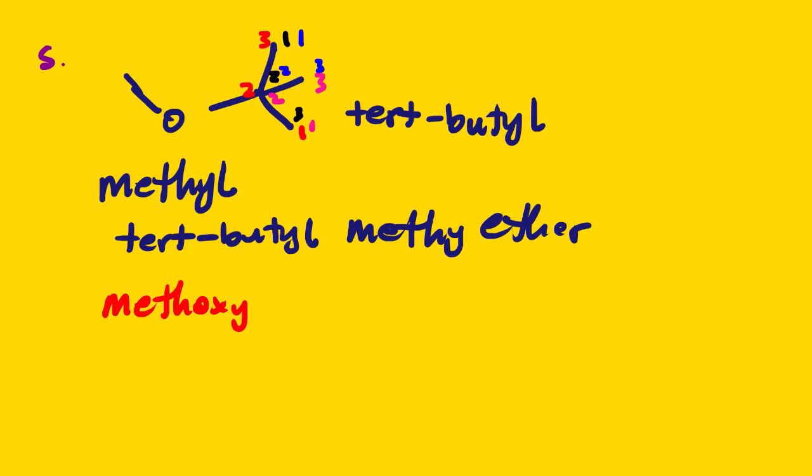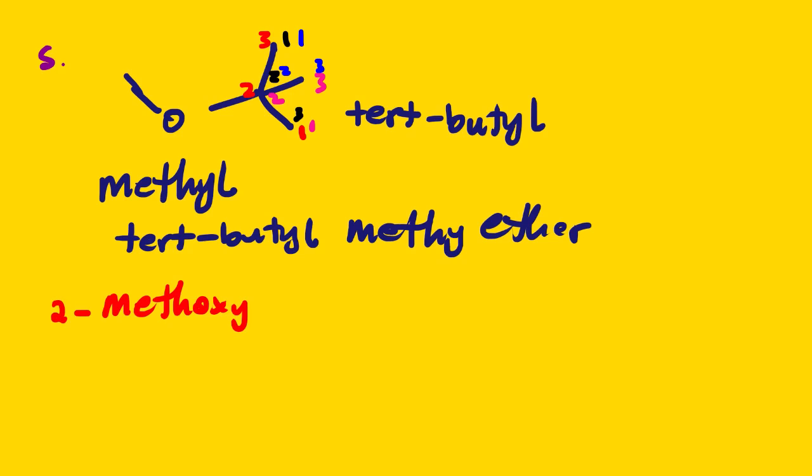We can see that any direction, it doesn't matter which direction we take as our parent chain, but we can see that the methoxy is on carbon number 2. So the position of the methoxy is 2.